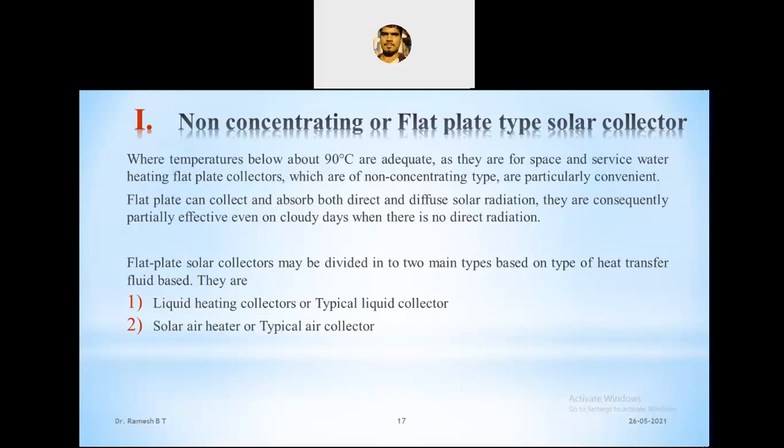These two absorb both direct beam and diffuse radiation. This is very effective on a clear day, and also effective on cloudy days, because on cloudy days we don't get direct radiation but we get a maximum of diffuse radiation.